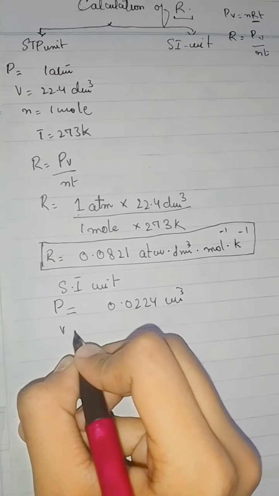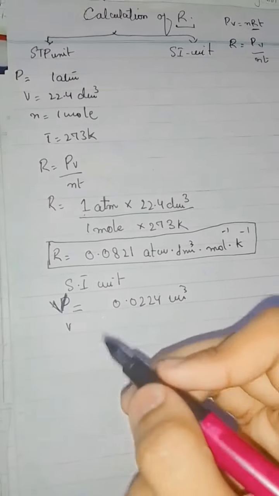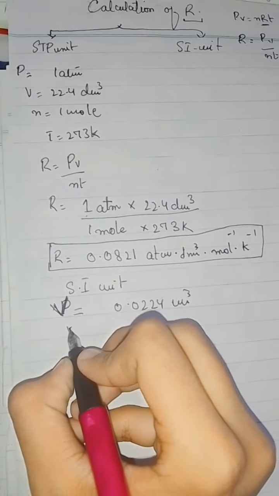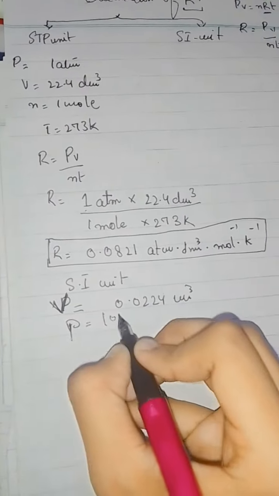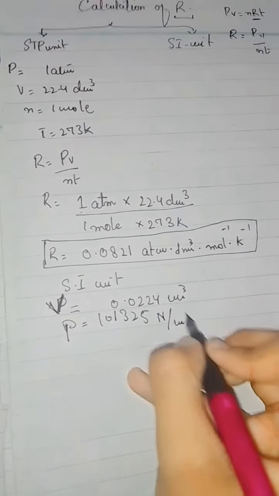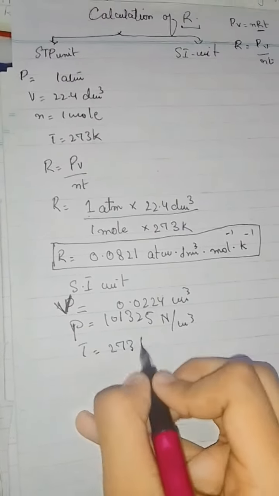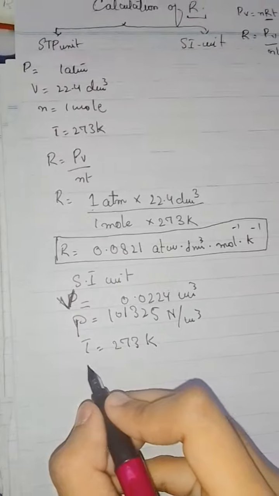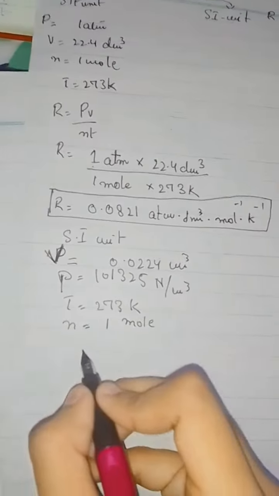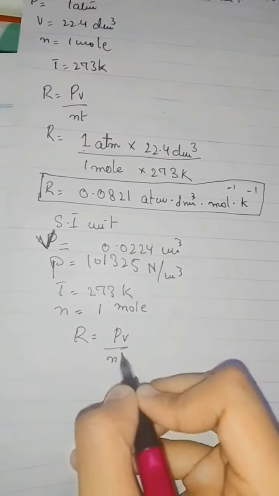Now if you want to find the pressure, that will be 101,325 Newton per meter square. Then temperature will be the same, 273 Kelvin in SI unit, and the mole will be the same, 1 mole. Now what is the formula? That is PV upon NT.